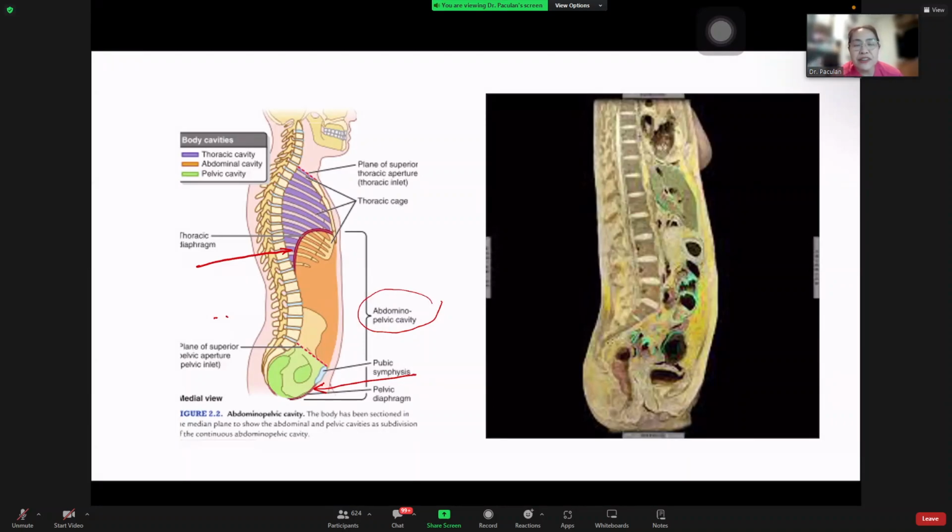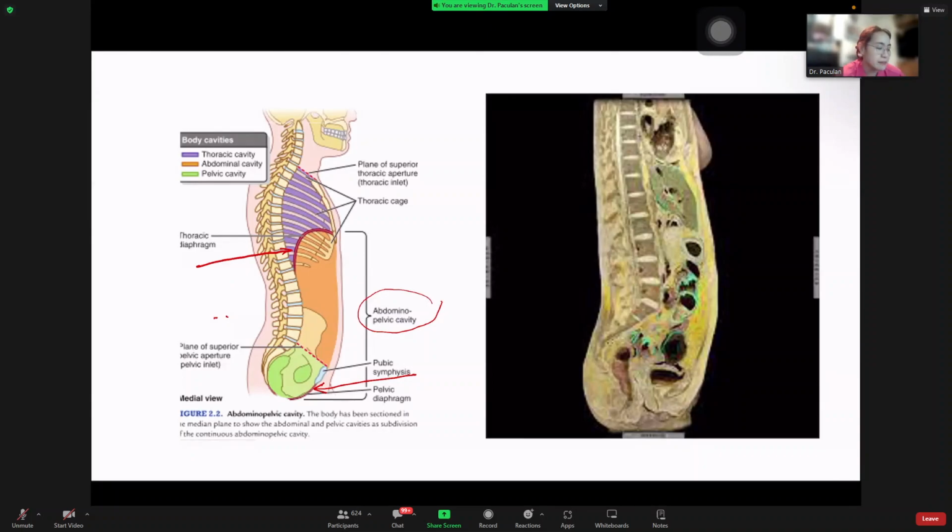It extends superiorly up to the fourth intercostal space, and the ribs protect the more superiorly placed organs. And what are these? These are your stomach, portion of the stomach, your spleen, your liver, part of the kidneys, and these are protected by your thoracic cage.